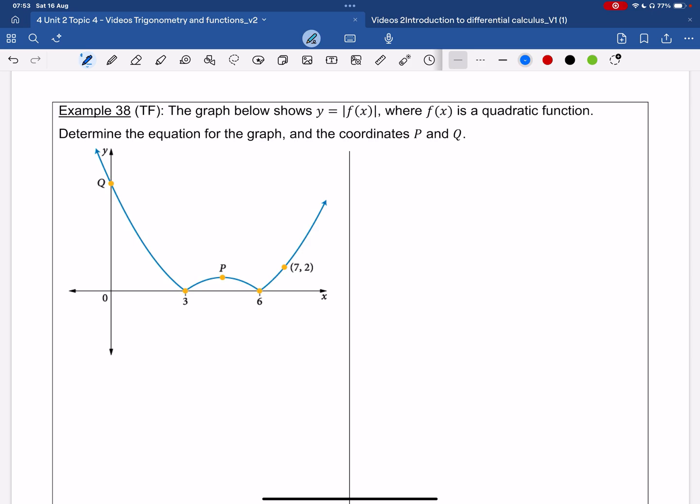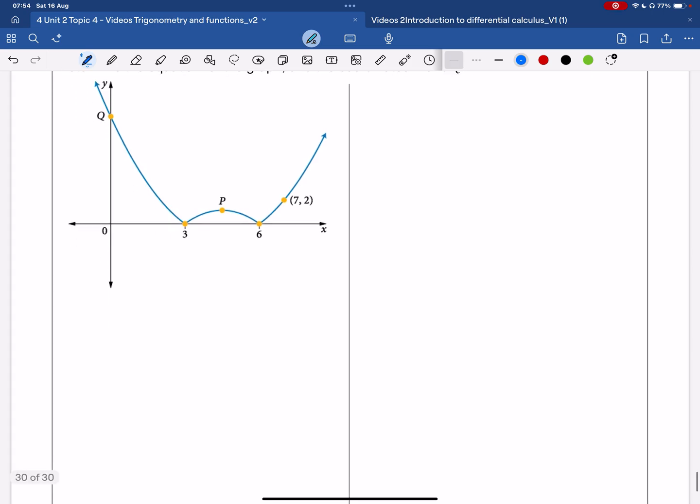And they've told me that my original function was a quadratic. That makes sense because if I have a look here, this part of my function has been reflected, so it means that the original function looked like that. Okay, so I know what the original function looked like. Let's see if we can figure out what the equation for this specific graph is.